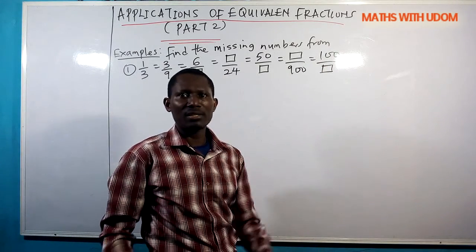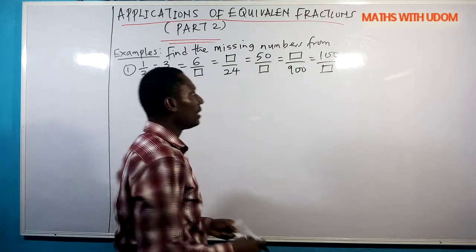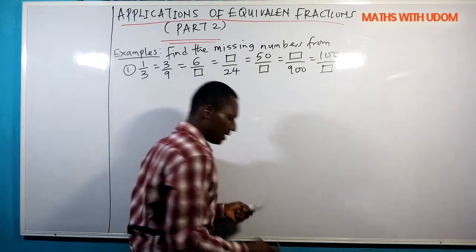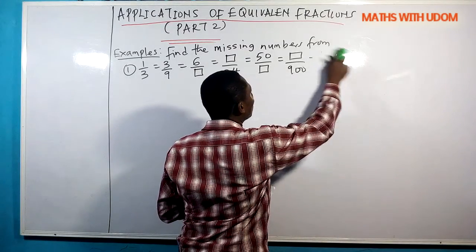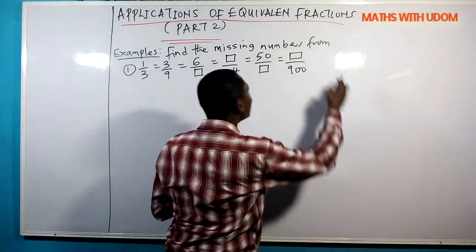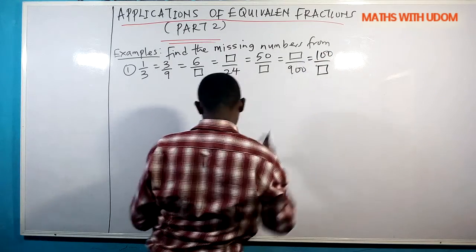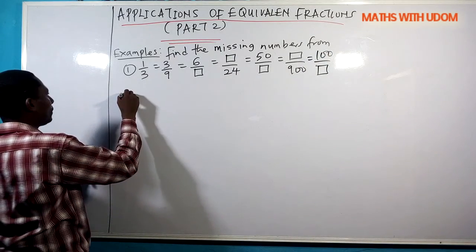That's our first example. Let me write the last one because of the end. Equals 100 over box. Okay? Number 2.